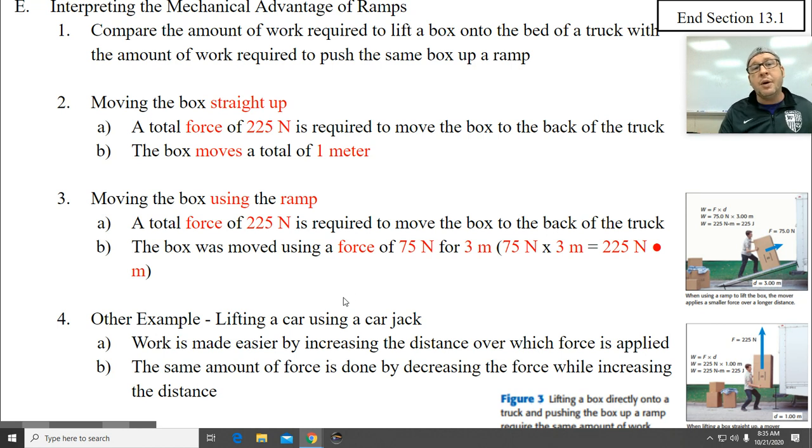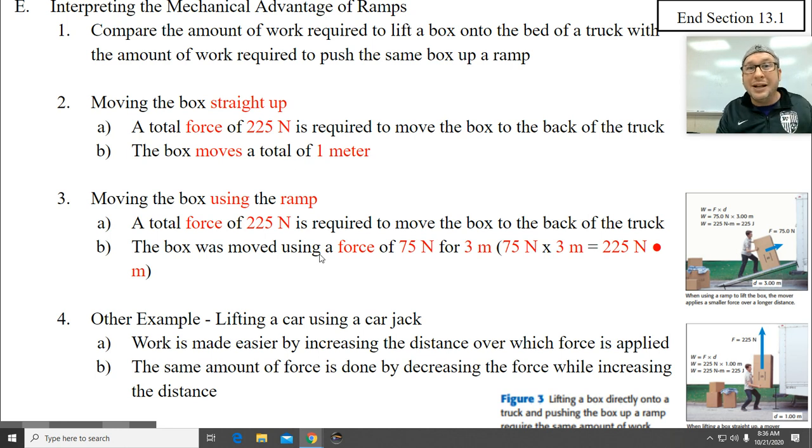However, you are now going to move that box up a ramp that is 3 meters in length, and it only requires you to use 75 newtons of input force. So that's a significant reduction of force compared to the first one. First one required 225 newtons of force to lift it straight up.